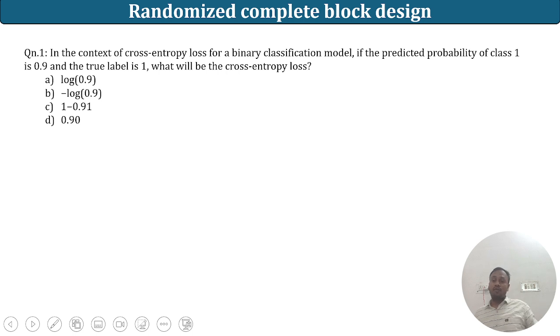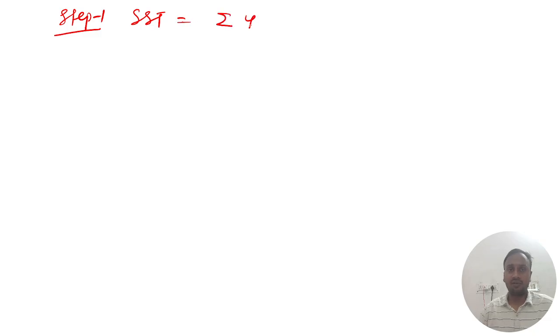So what is the question we have now? We'll solve some problems, so the steps are similar. Calculate the SST. The formula is the summation of Yij square minus grand total square by n. Grand total is the summation of Yij.